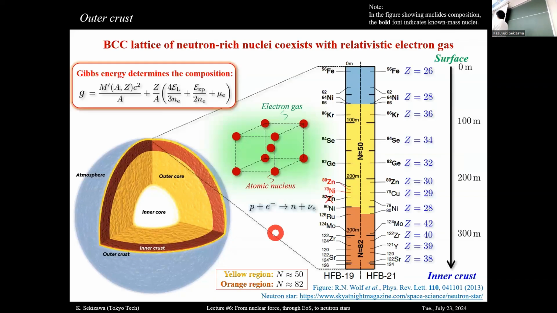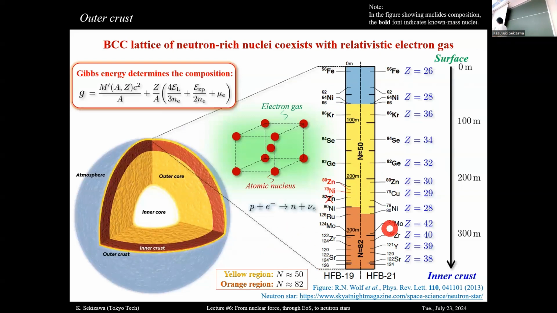It is probably difficult to see, but those nuclei with thick fonts, as you may see, are those whose experimental masses are known. So those elements are well constrained, or are really emerging in the outer crust probably.